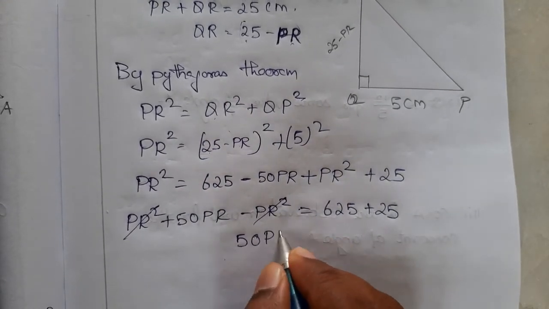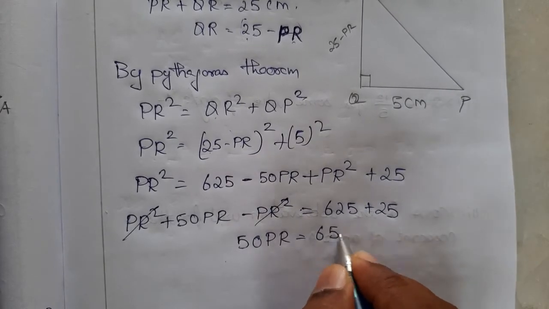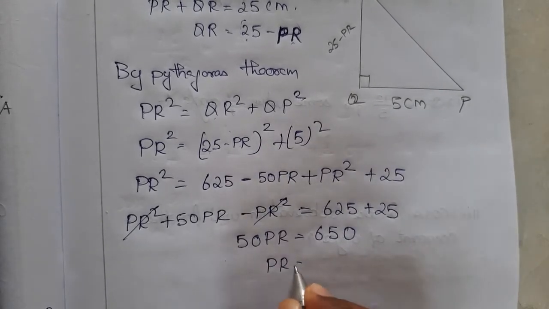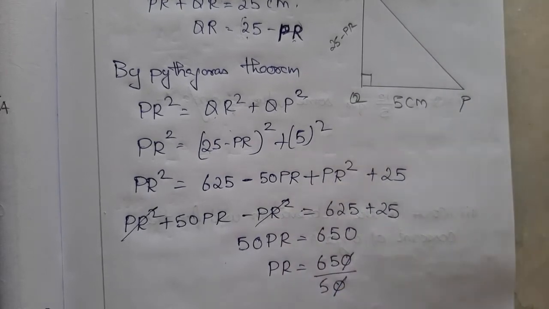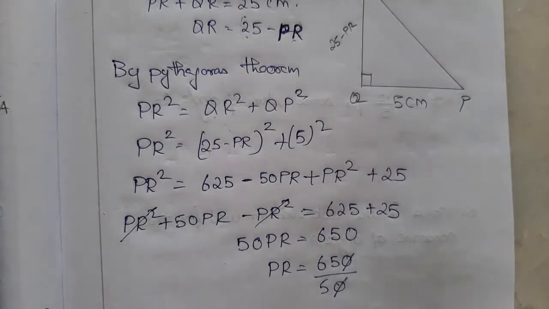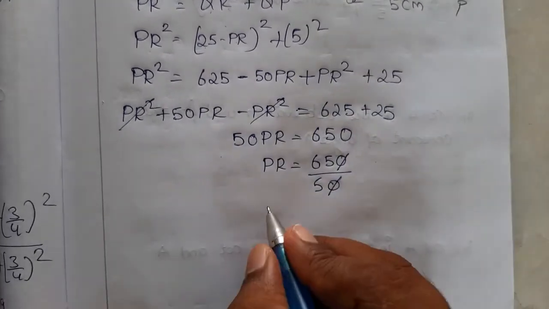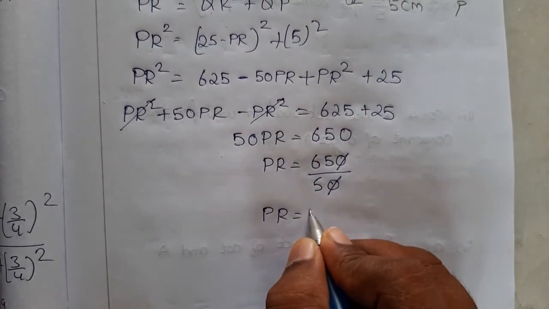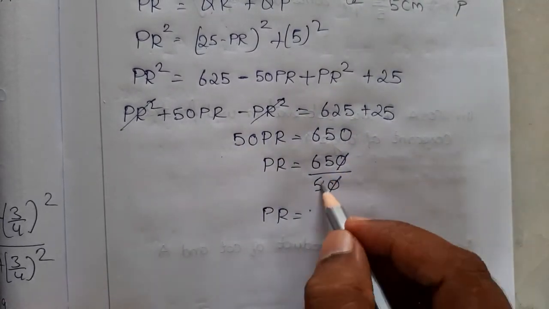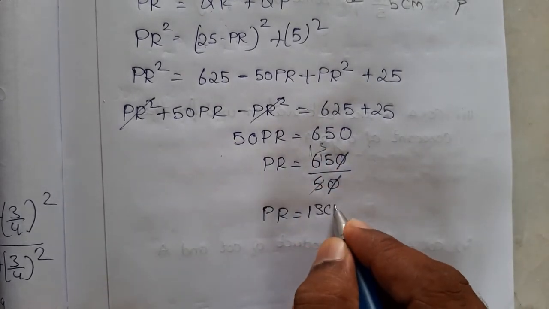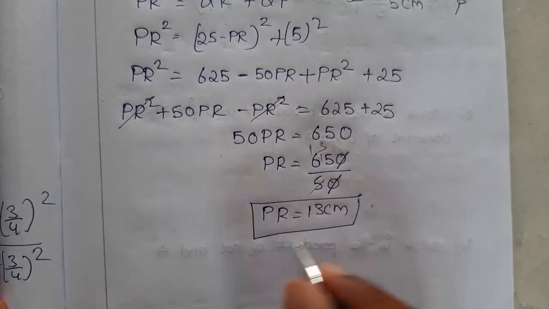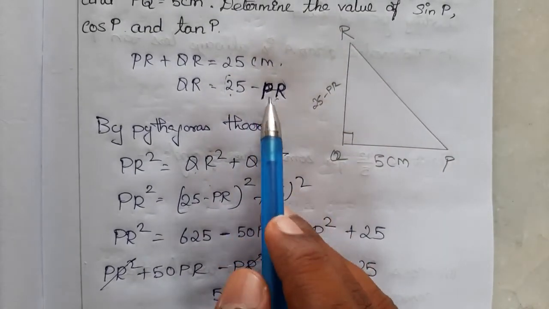So 50 PR is equal to 650, and PR is equal to 650 by 50. The zeros cancel, 5 times 13 is 65, so PR is 13 centimeter.